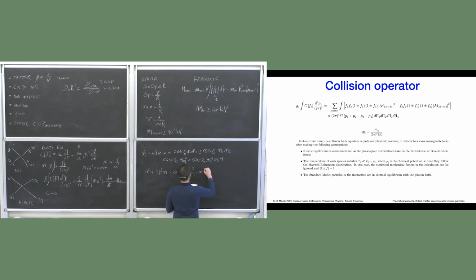That is this one. Okay, so this part is related to the expansion of the universe. This is the thermally averaged cross-section, this is the equilibrium density, and this is the dark matter density.